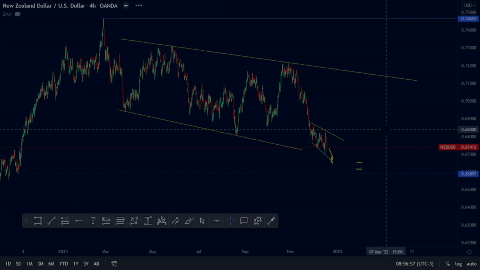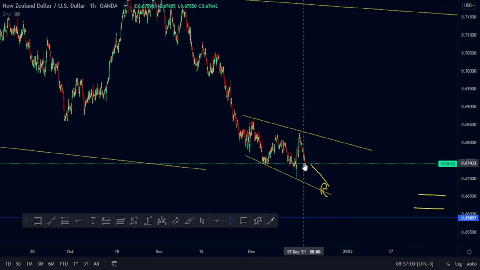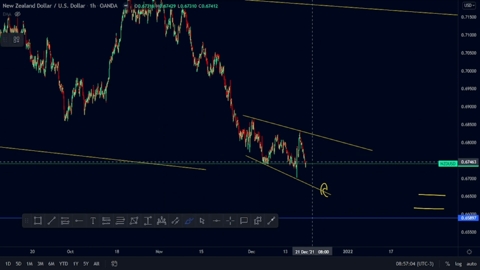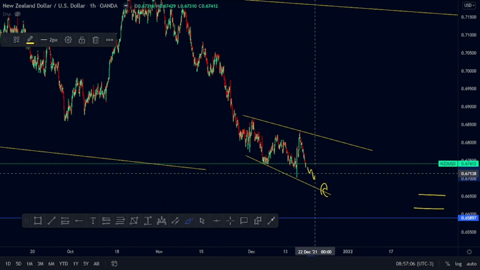This is how you want to catch your entries on the 1 hour time frame. You wait for price to come to this level here. Wait for price to come to this level in this manner.